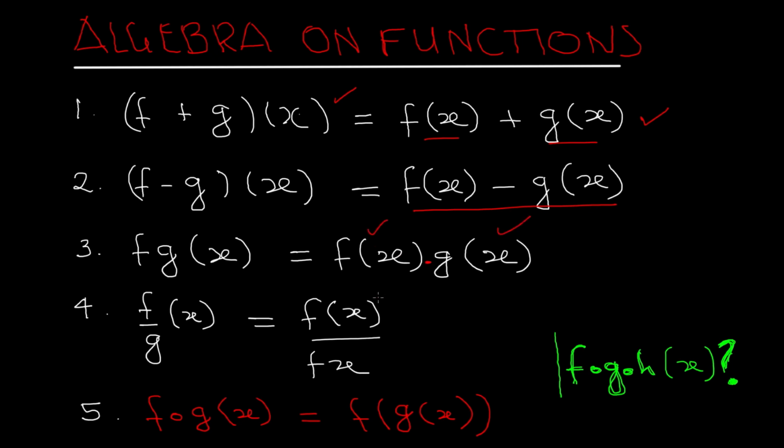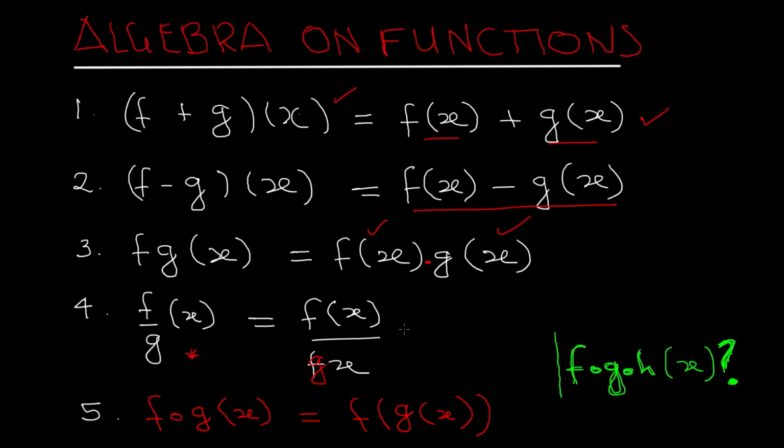We need to recognize this shape, because they can easily become confusing. So here again, if you have fg set up like that, it's the same as f(x) and then g(x) here.